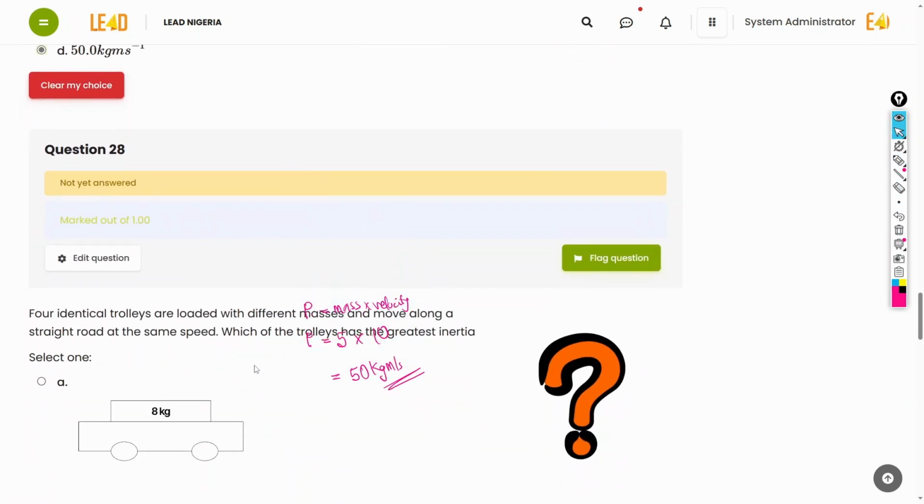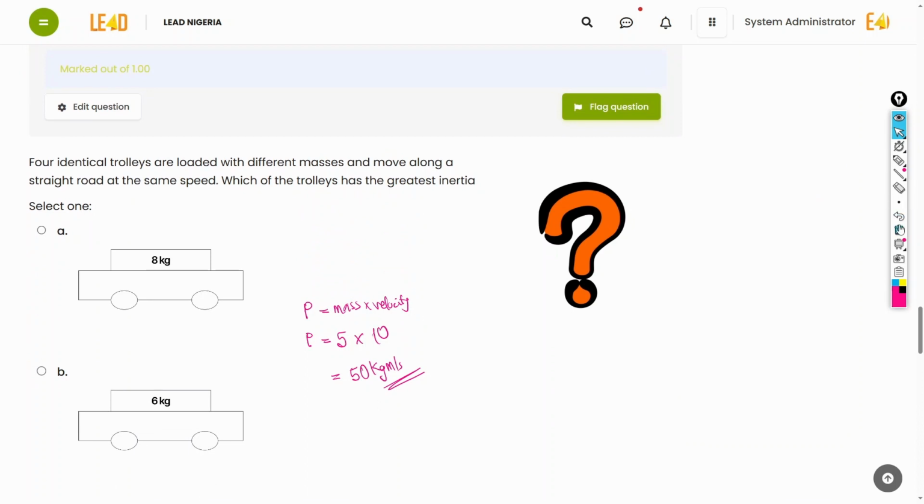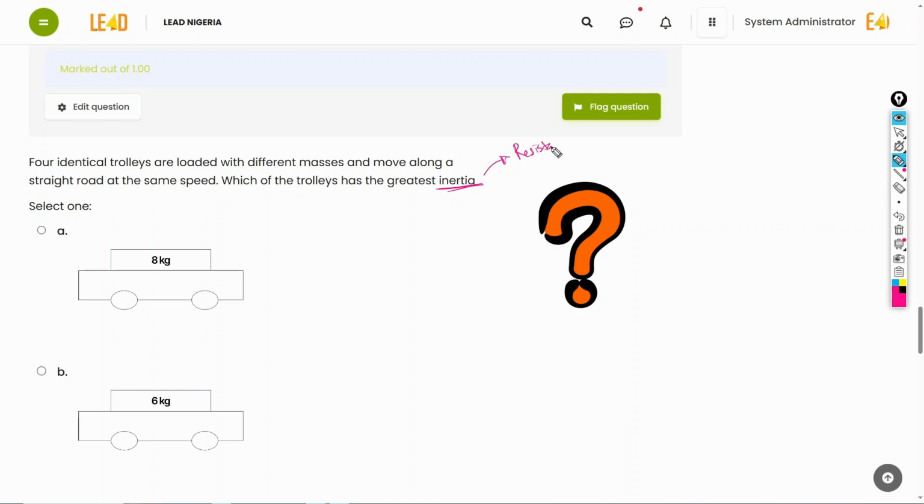All right, 28. 4 identical trolleys are loaded with different masses and move along a straight road at the same speed. Which of the trolleys has the greatest inertia? Okay, what is inertia? Inertia is the resistance to change your state of motion.